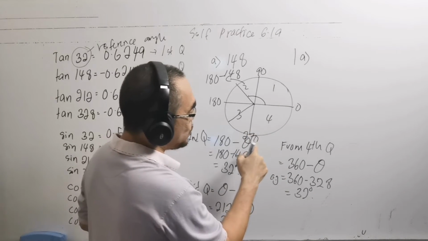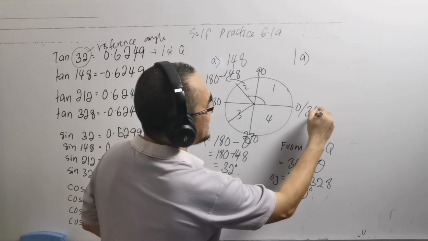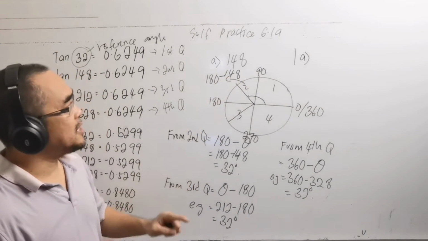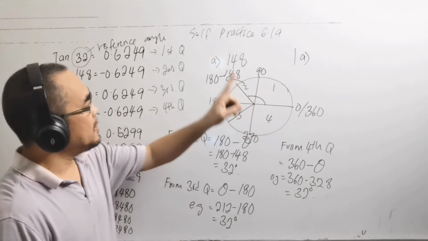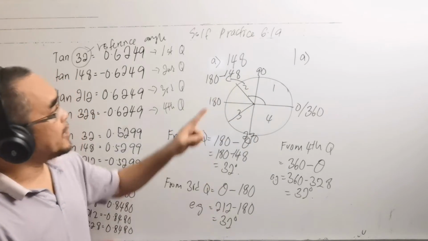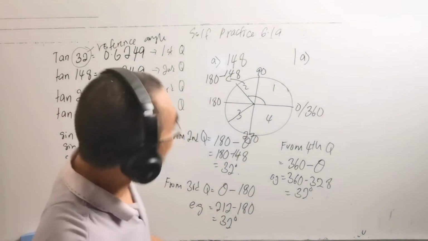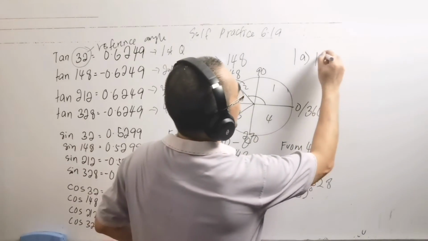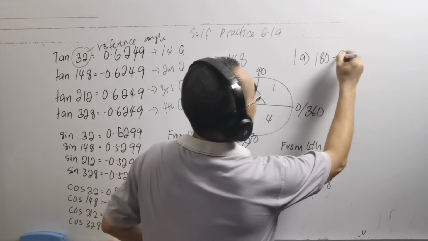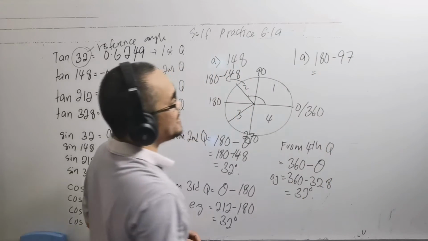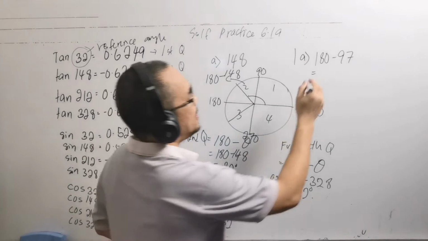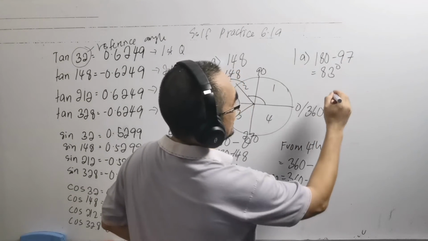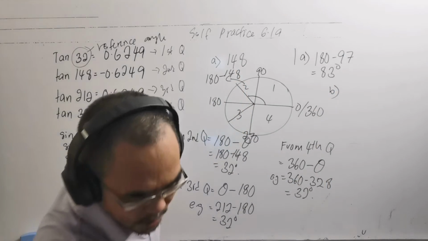And the fourth quadrant is between 270 and 360. That is how you know the location of all these quadrants. So 97 is in the second quadrant. To find the reference angle, it is 180 minus 97, which is 83 degrees.